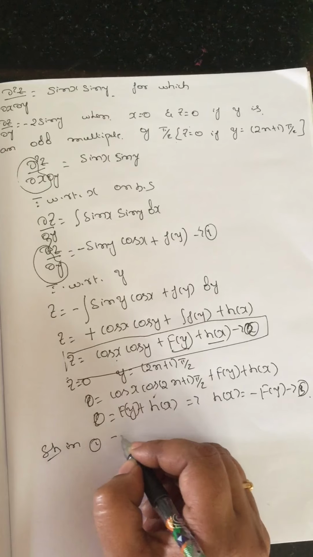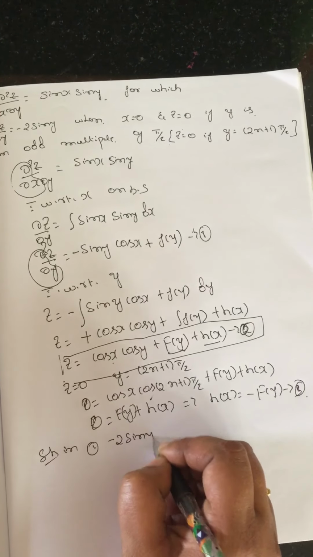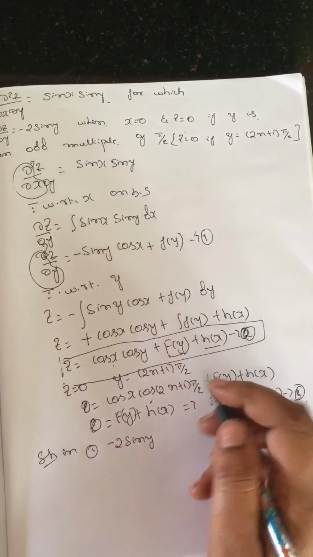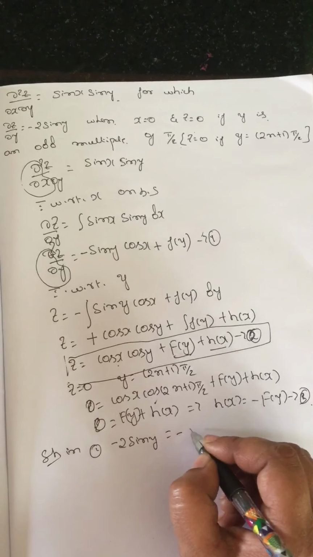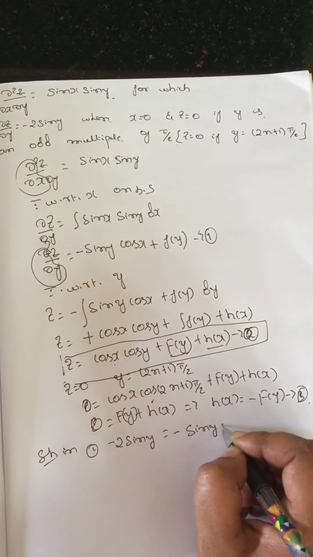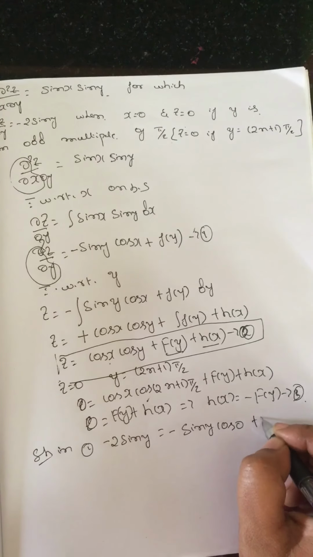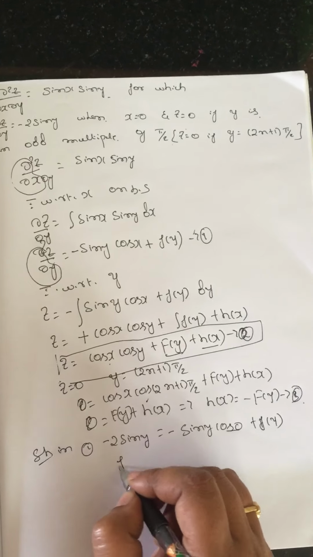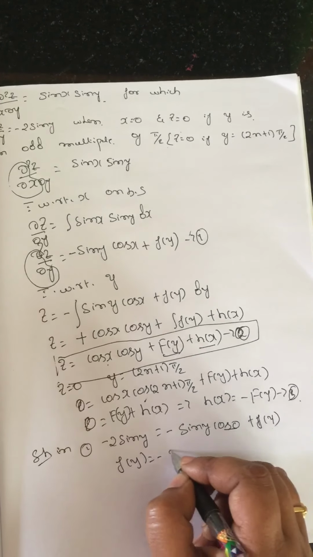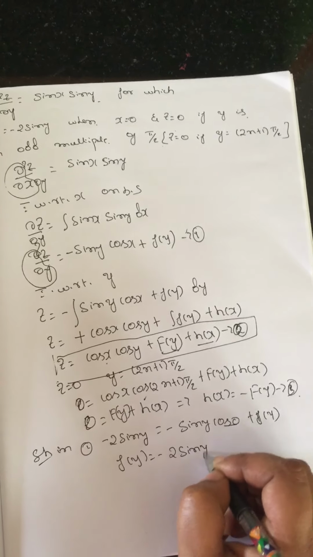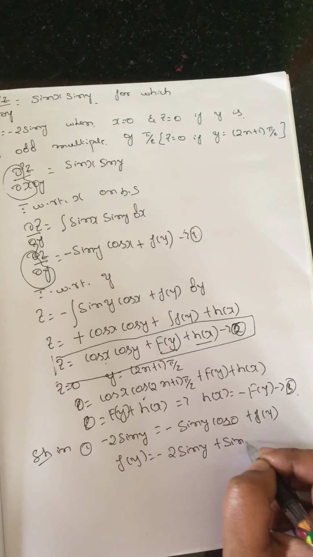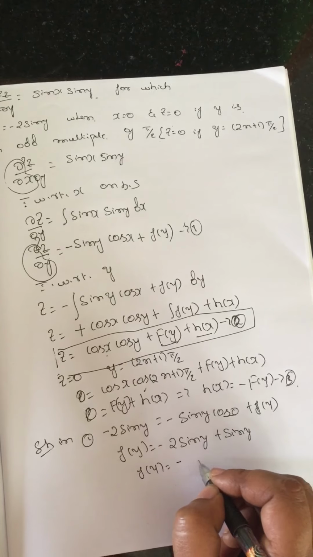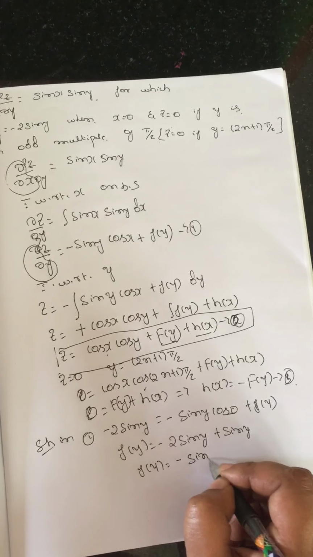Del z by del y, which is minus 2 sin y when x is equal to 0, is equal to minus sin y into cos 0 plus f of y. Cos 0 value is 1, then f of y is equal to minus 2 sin y plus sin y, which becomes minus sin y.